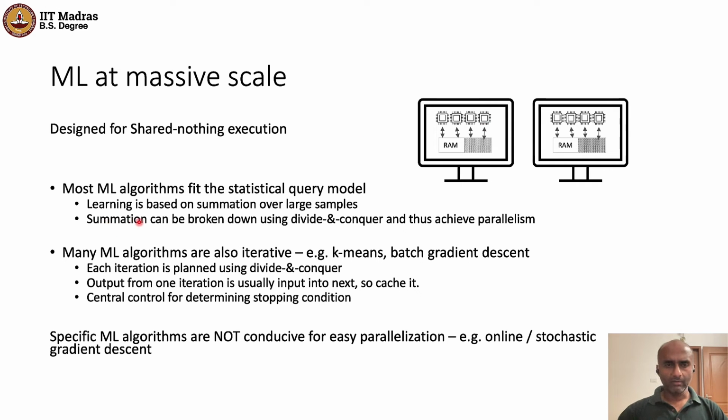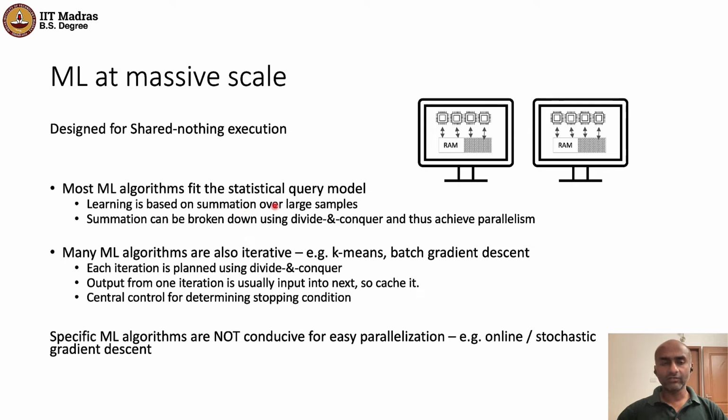Likewise, if you think about what summation more broadly means, it's basically a summation over a formula, and the formula is computed over all the different data records, using data columns of a record. So the summation is over all the records, and the values that you pick are basically columns in that record. So this means it's completely representable and executable using a MapReduce style execution, more broadly, divide and conquer.